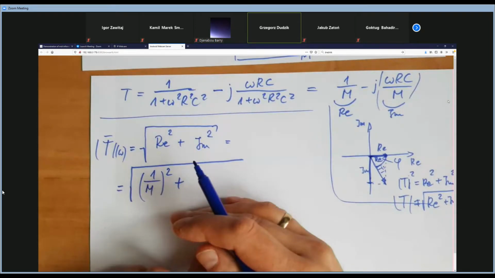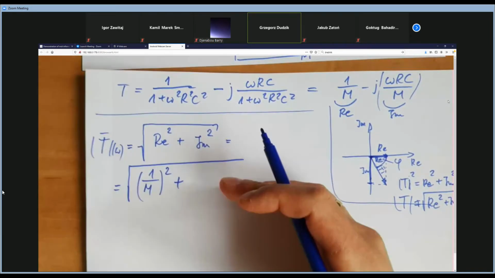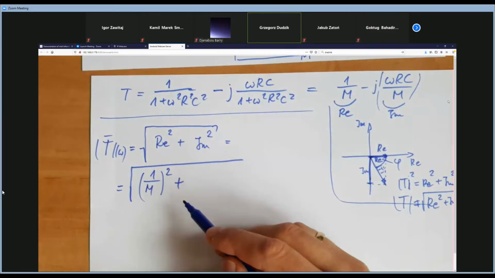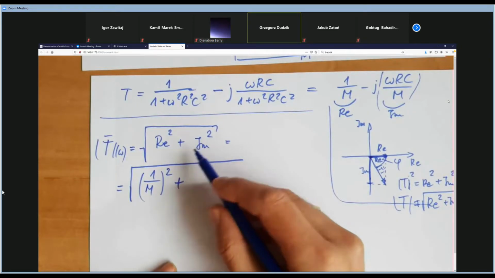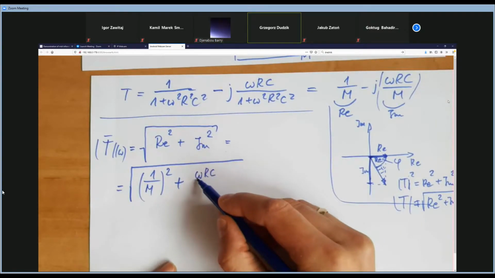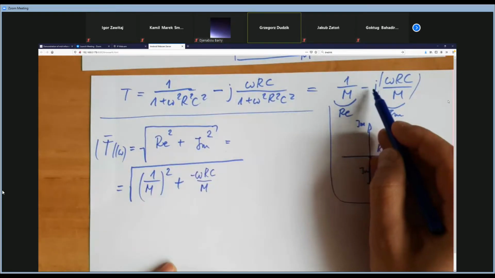Sometimes students make this mistake, they put the j here. No, you can't. So the imaginary part of the transmittance is equal to omega R C over m. Of course, the minus, because there is a minus before it.